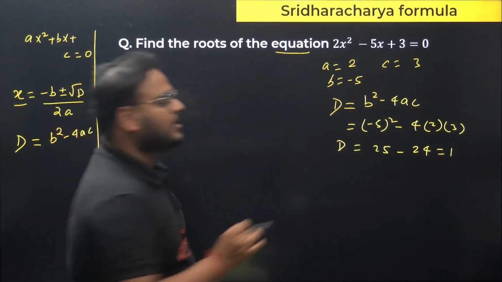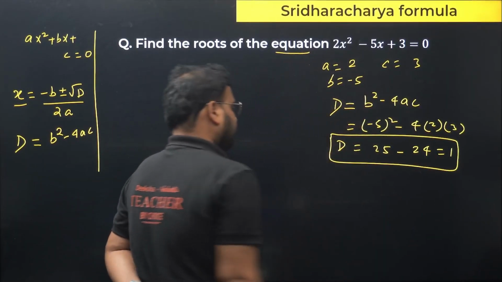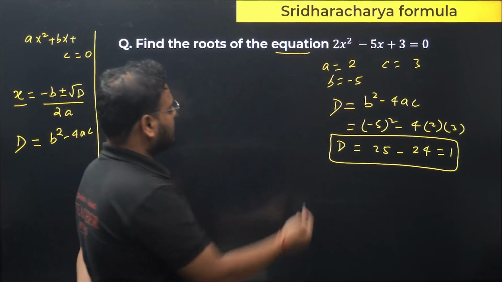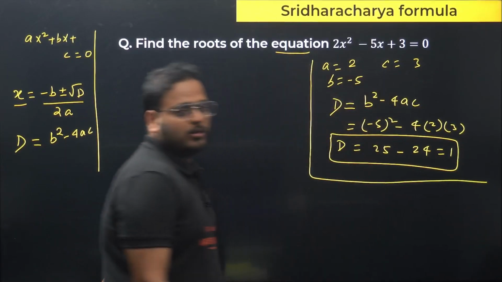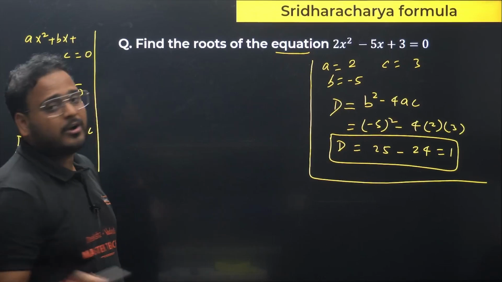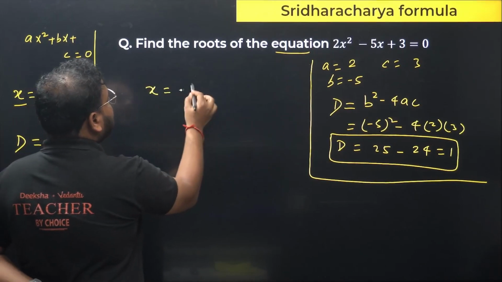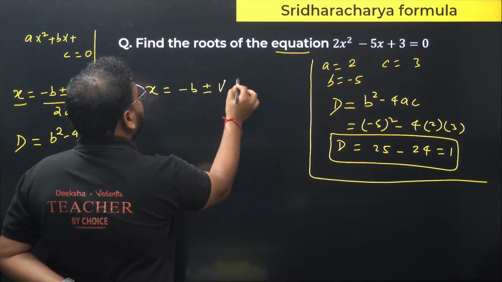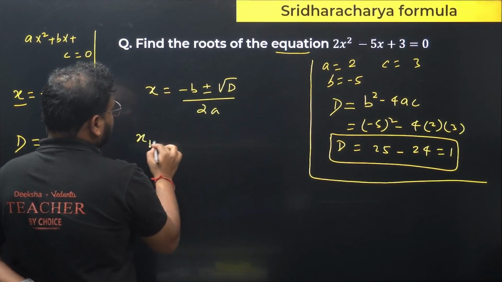D value is coming as simply 1. Okay, now that is correct. With this known, I'm looking to find my roots, right? And how do you do that? Simply use the formula x equals minus b plus minus root d by 2a. So your x1 will become minus b.